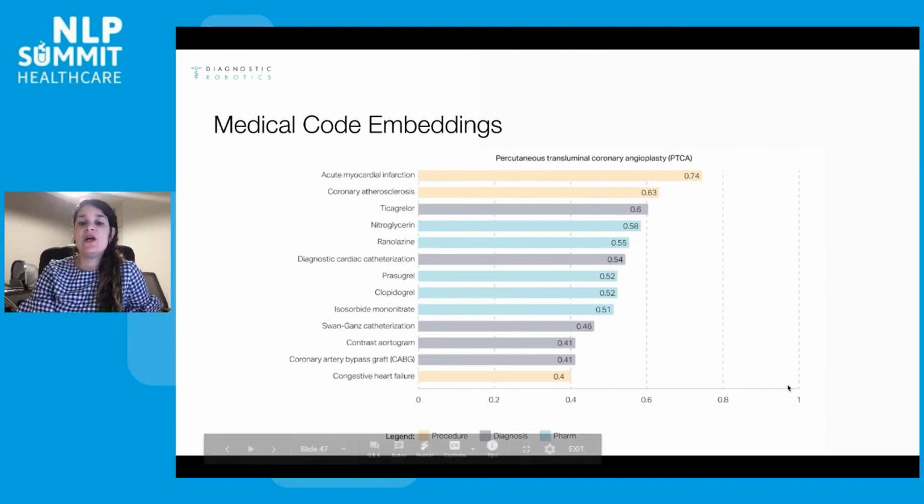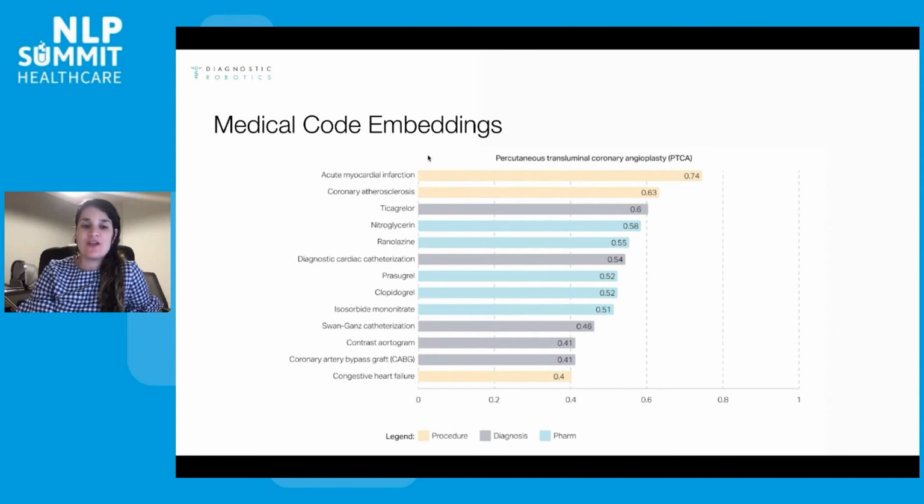For example, we used a word2vec embedding method over the codes in the patient timeline, and we found the representation vector for a procedure. And you can find here what other procedures, other diagnoses, other medications were similar in the embedding space to this procedure.